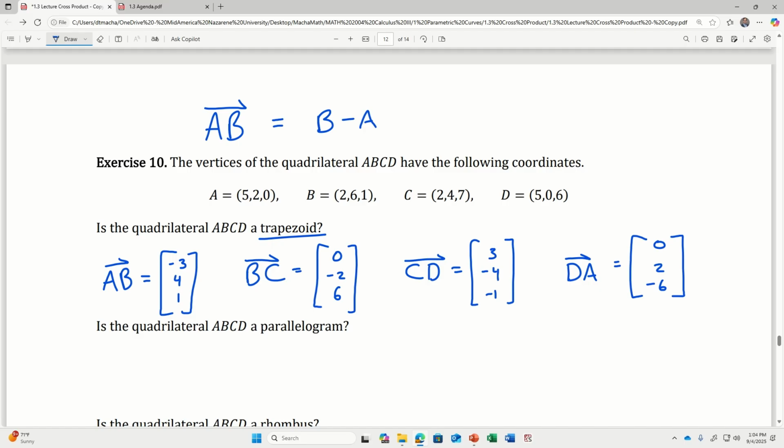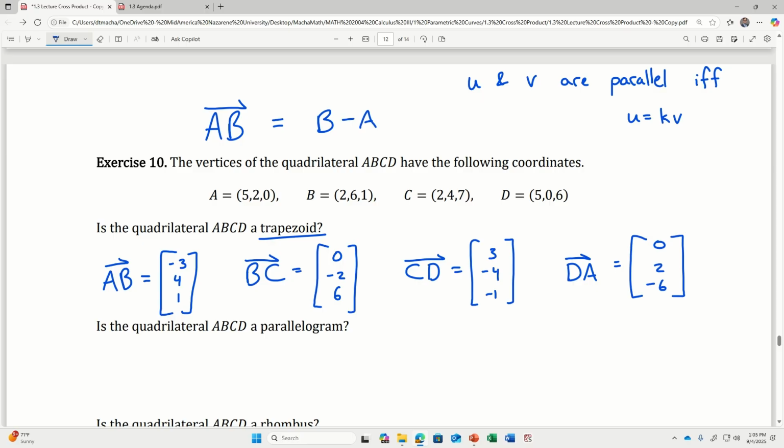Okay, so then I would look at opposite sides, and I'm trying to think, are they parallel? Do you remember the definition of parallel? It means that one vector is a constant multiple of another.